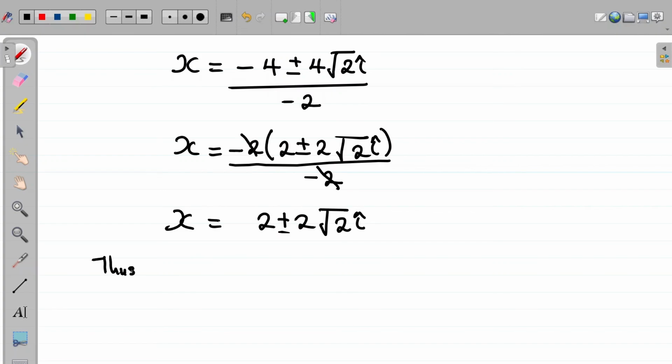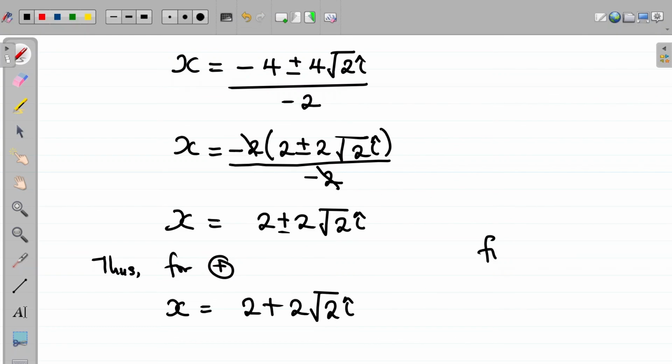Thus, for positive value, we have that x is equal to 2 plus 2 root of 2i, and for negative value, we have that x is equal to 2 minus 2 root of 2i.